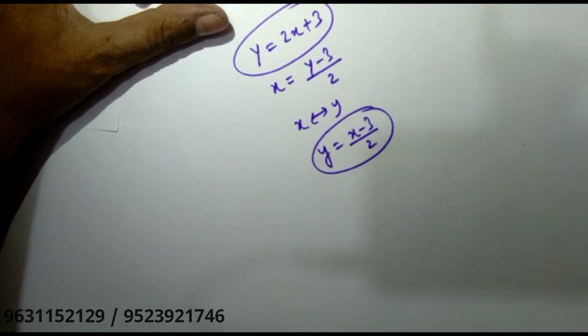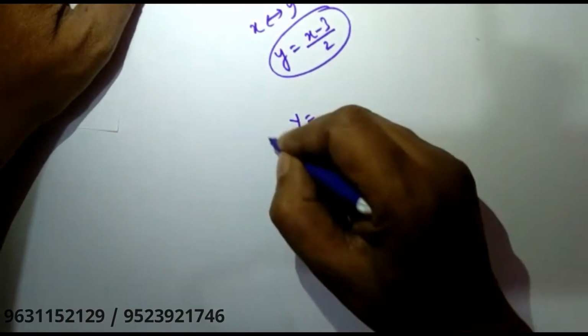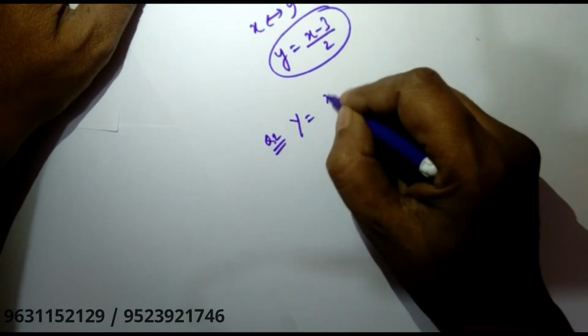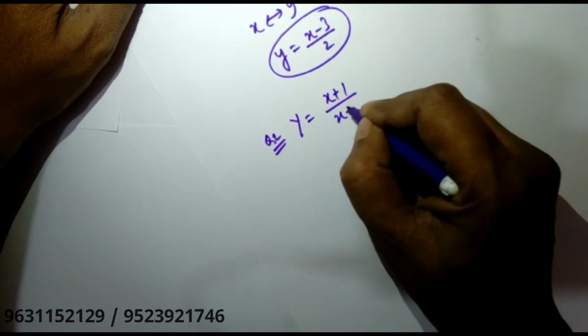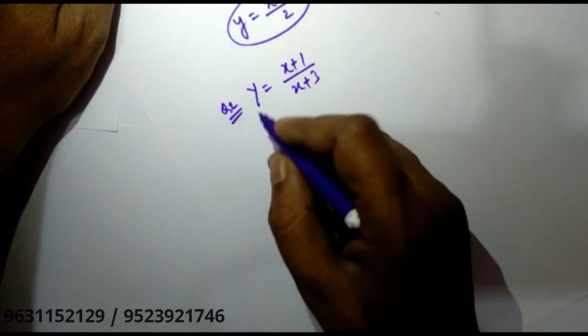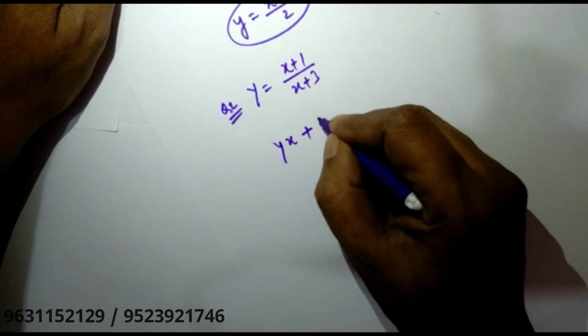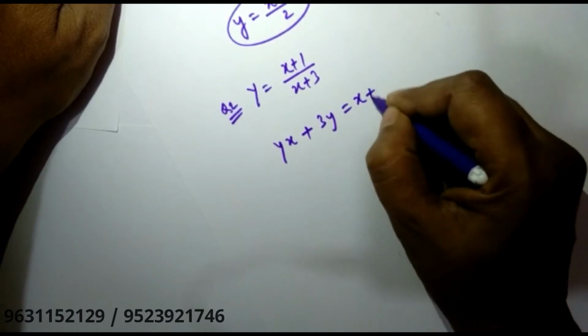Or let your function be, this is another example, y equals (x plus 1) by (x plus 3). Now make the function in terms of y. This is again cross multiplication. You will get 3y equals x plus 1.